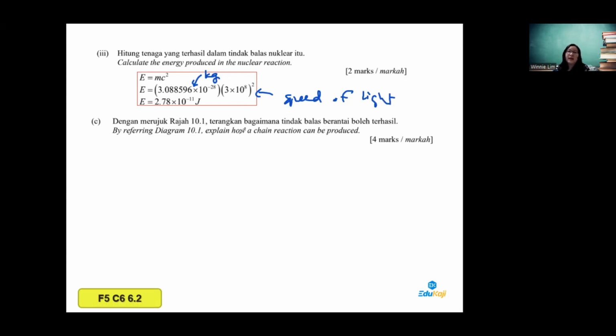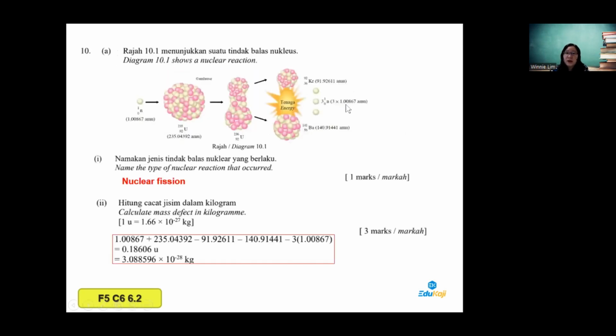Okay, next. C, by referring to Diagram 10.1, explain how a chain reaction can be produced. What is actually a chain reaction? As you all can see, based on the diagram just now, you use one neutron, you split an unstable uranium nucleus, and then it becomes 2, and then you have an extra 3 neutrons. So what happened to these 3 neutrons?